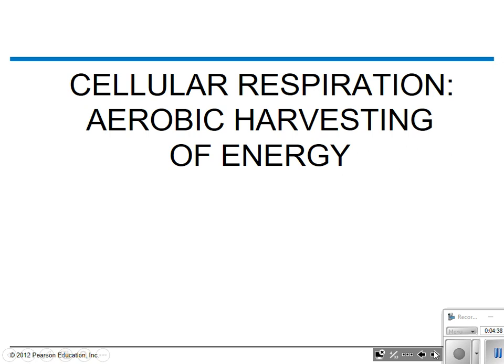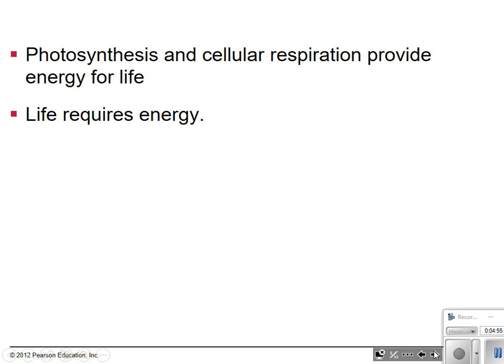It says aerobic harvesting of energy. We might not know what aerobic means right now, but I can bet you we're going to learn what it is fairly shortly.